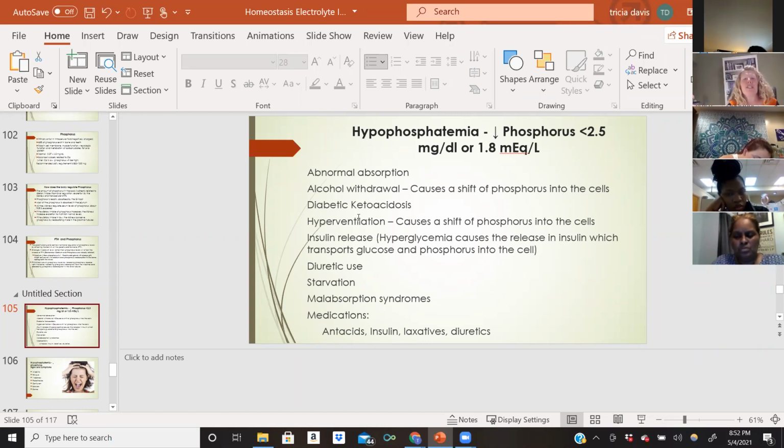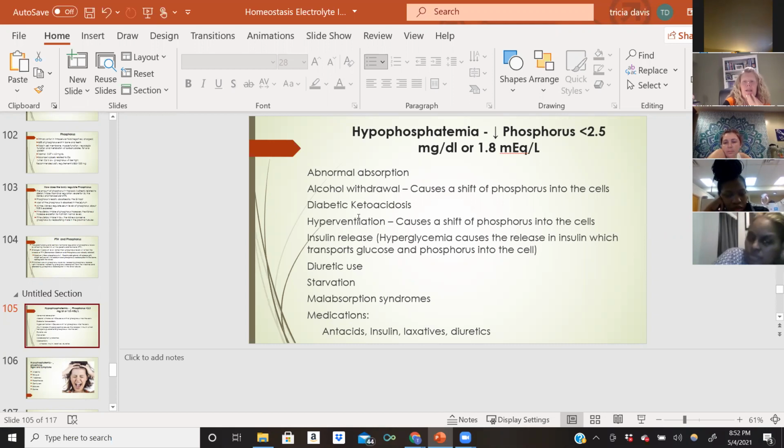We see this in patients that have diabetic ketoacidosis, patients that hyperventilate, so patients that are having respiratory issues, or if they're anxious and they're hyperventilating, it's going to cause a shift of phosphorus into these cells. So that way their extracellular fluid doesn't have any.